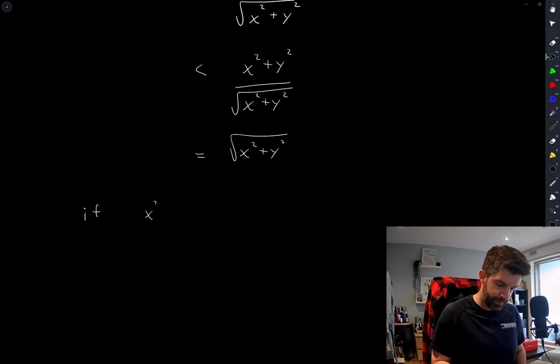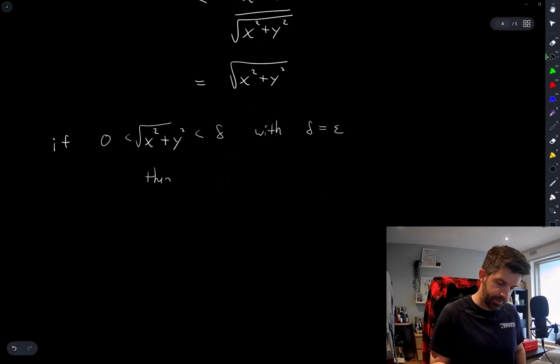So if the root of x squared plus y squared is less than delta, with delta equal epsilon, then this quantity that I'm concerned with I've shown is less than epsilon.